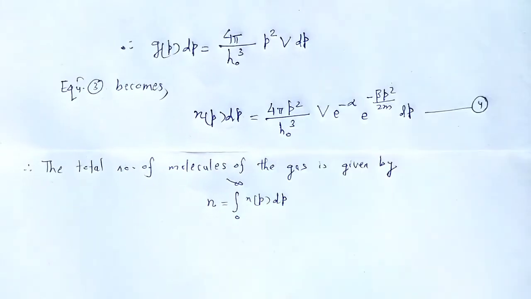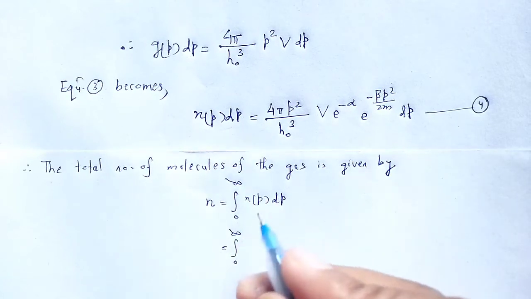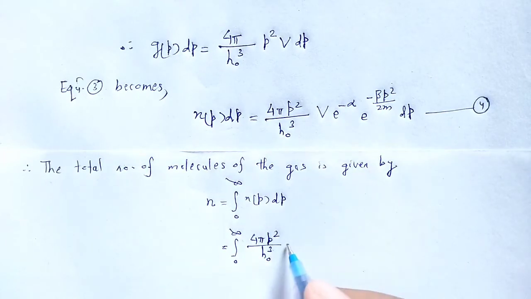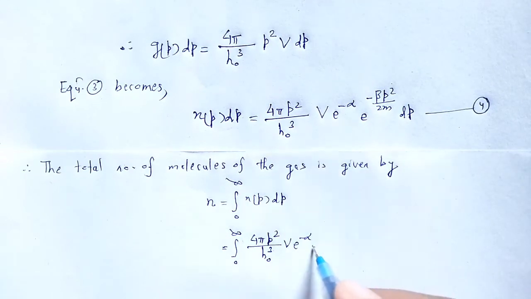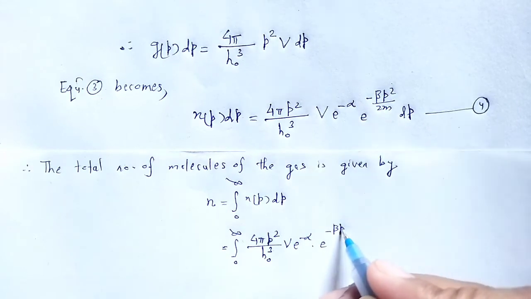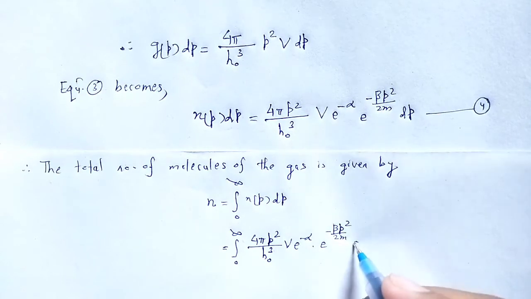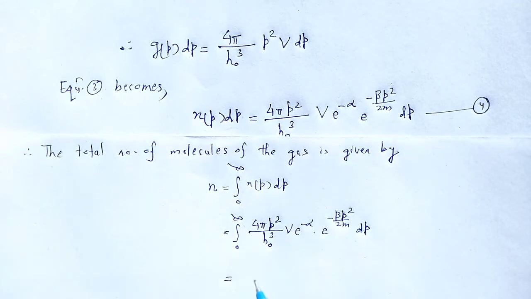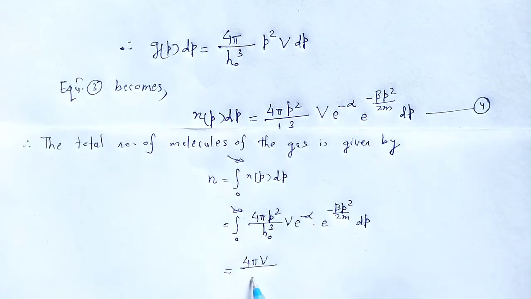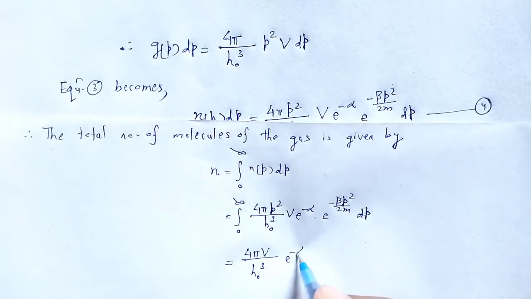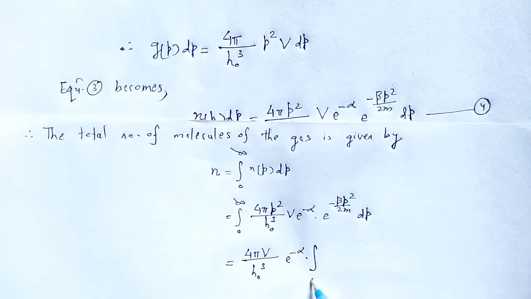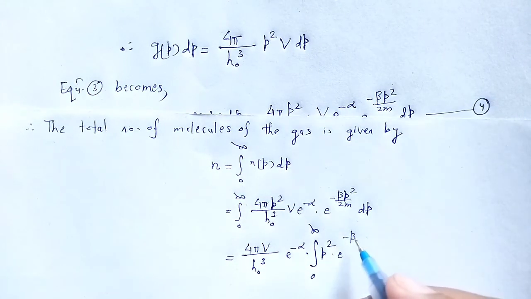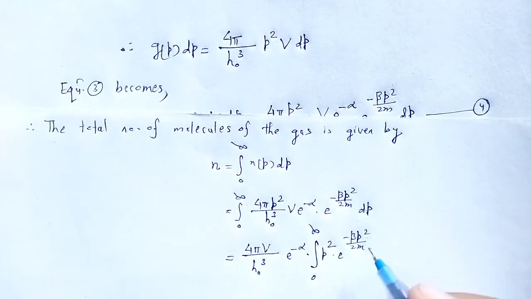Putting in the value of np, that is 0 to infinity of 4 pi p square V divided by h naught cube, times e to the power minus alpha, times e to the power minus beta p square divided by 2m, dp, is equal to the constant terms outside, 4 pi V divided by h naught cube e to the power minus alpha, times the integration over 0 to infinity of p square e to the power minus beta p square divided by 2m dp.